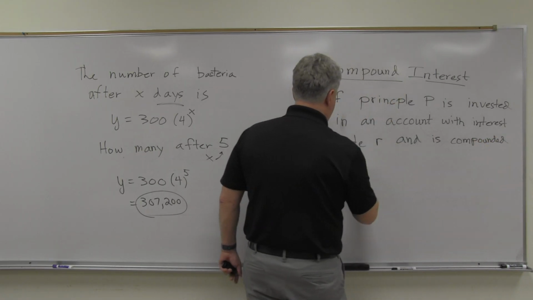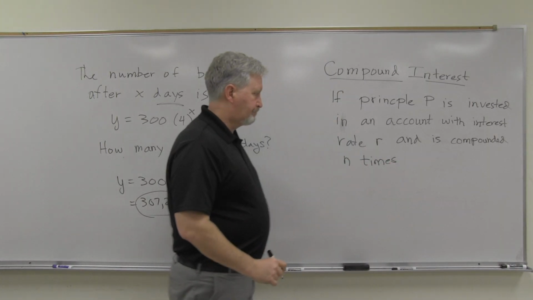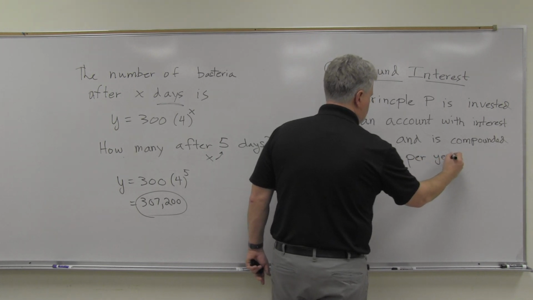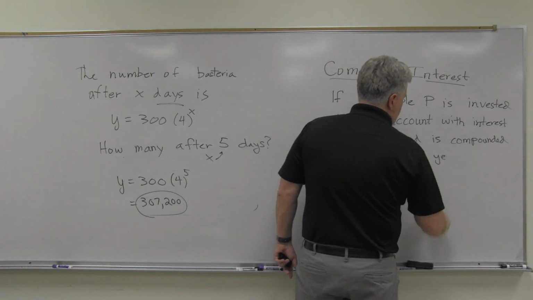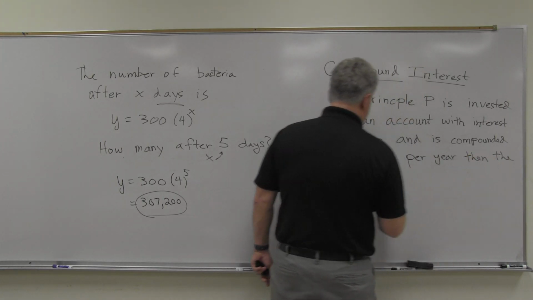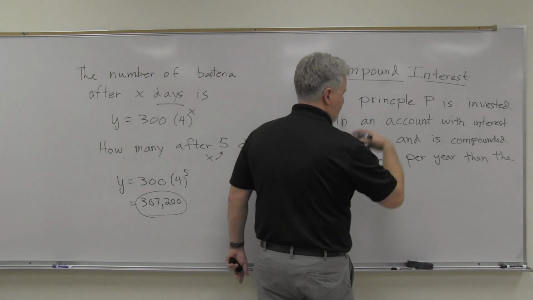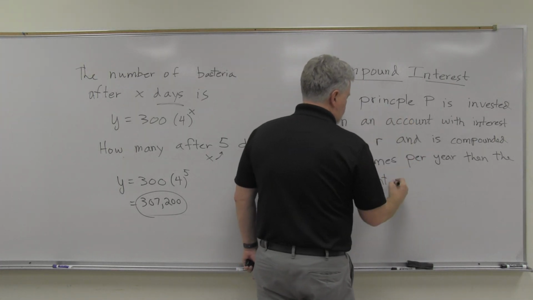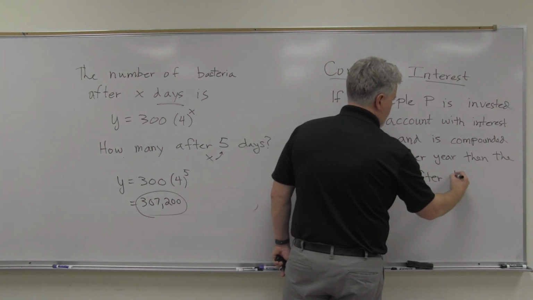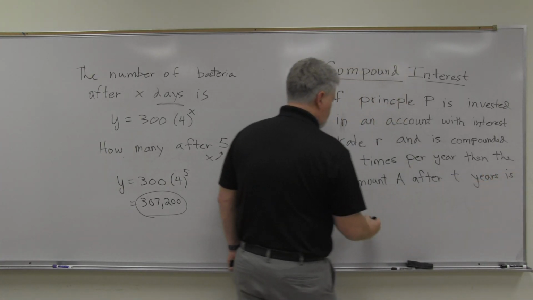And we'll talk about the different variety of those we can have in a second. Then the amount A, we usually designate the amount that it grows to, future value, sometimes it's called, after T years, is this. Here's the formula.